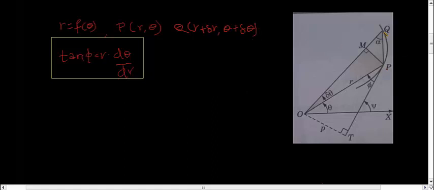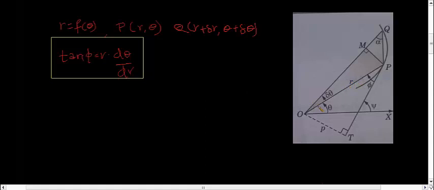Let us join these 2 points P and Q. We have chord PQ, and let us also join origin with Q. It is OQ. Let us drop a perpendicular from point P to this line OQ. PM is the perpendicular. This is delta theta, and let us call this angle MQP as alpha.